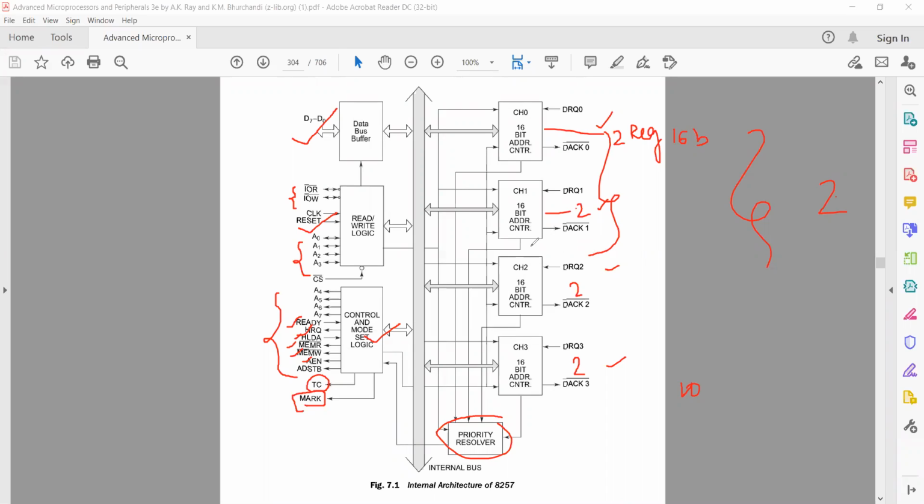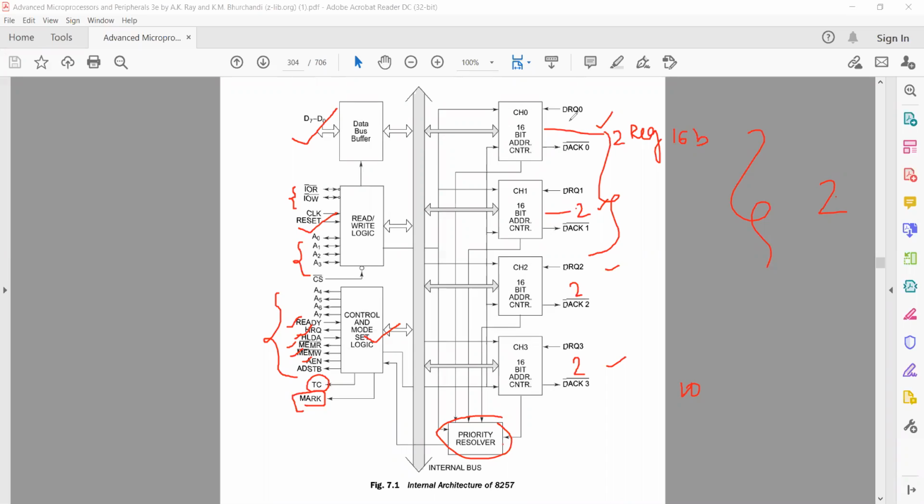Among these 3 channels, the priority resolver will be choosing one channel which is of highest priority, and then that particular channel will be transferring the data. That is the use of a priority resolver here.